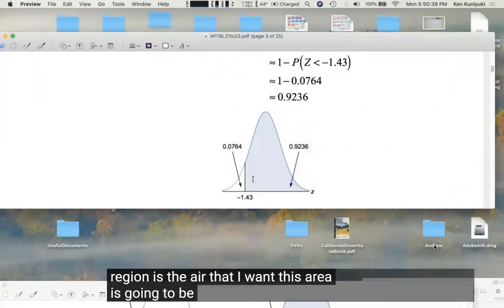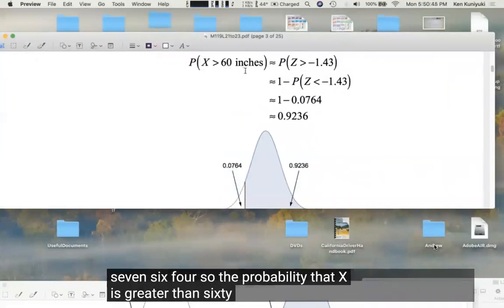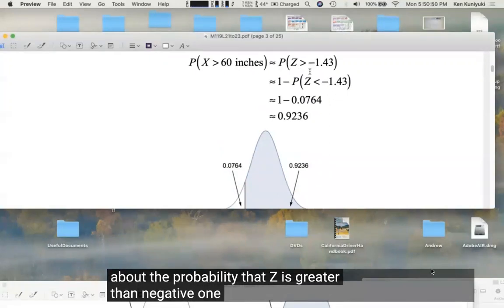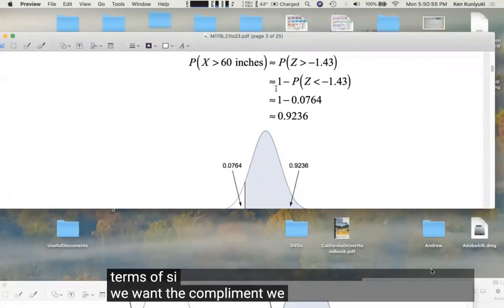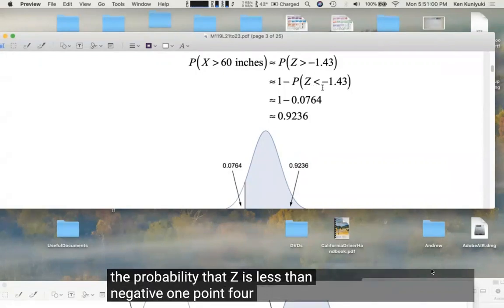This area is going to be 1 minus the 0.0764. So the probability that x is greater than 60 inches is about the probability that z is greater than negative 1.43. That's the probability expression in terms of z. We want 1 minus the probability that z is less than negative 1.43.